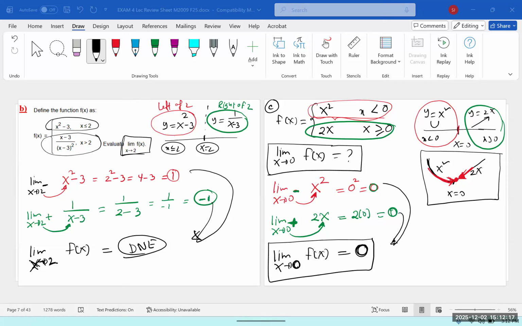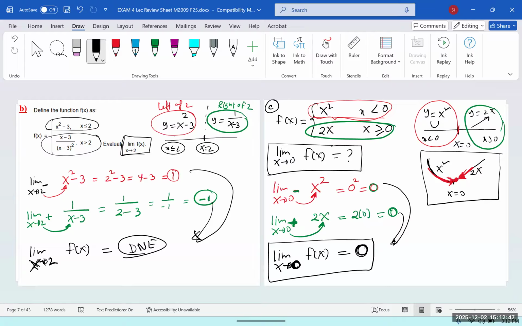What's the y value of this function when you look at the x value given to you? Is it clear? Or are you guys still confused?